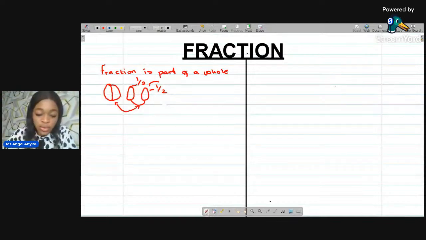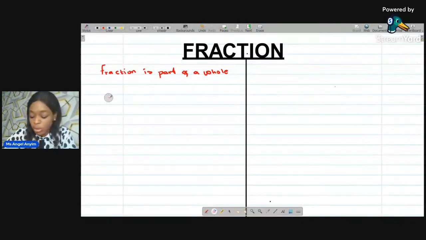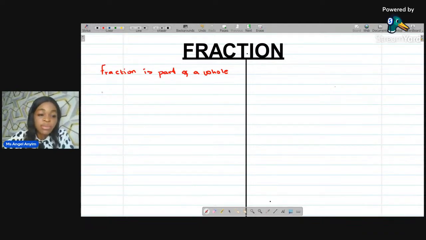So getting to that, while I still wait to see your comments, there are some basic things we need to know about fraction. One of them is types of fractions.